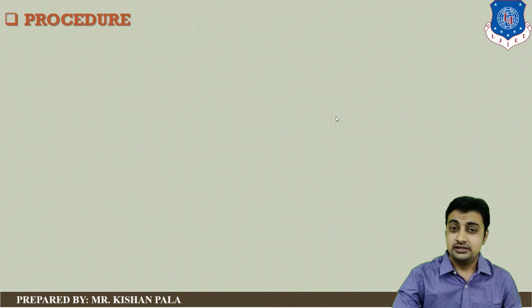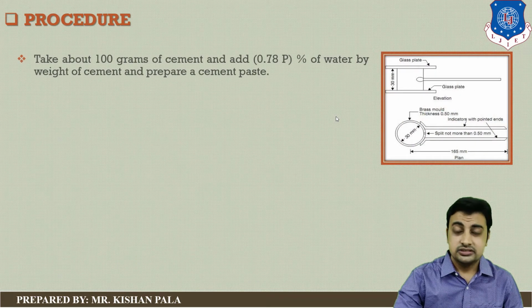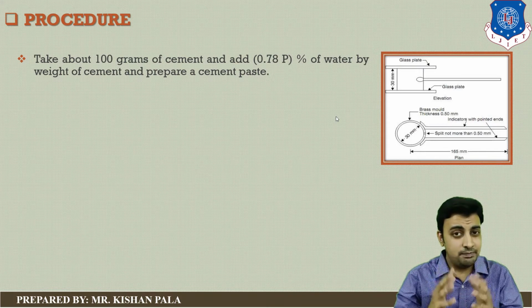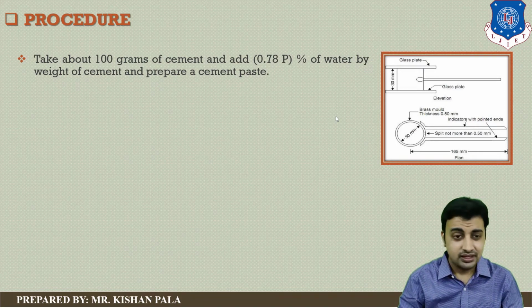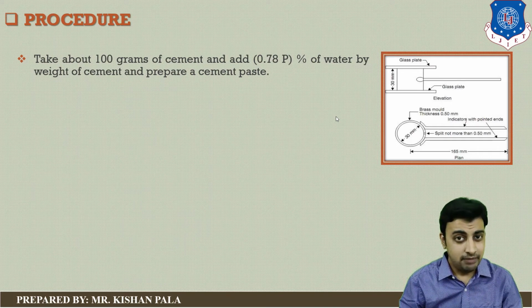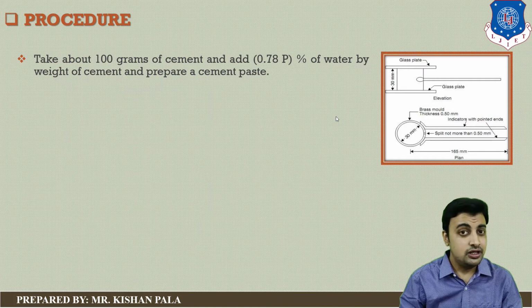Now let us understand the procedure of finding the soundness of cement. First of all, you have to prepare the cement paste, and for making this paste you require 100 grams of cement and a certain quantity of water. Before adding the water, you have to find out the consistency of the cement mass.